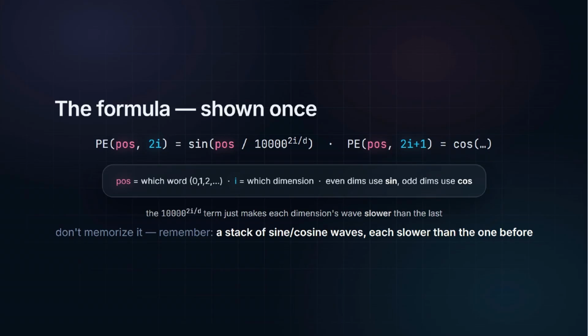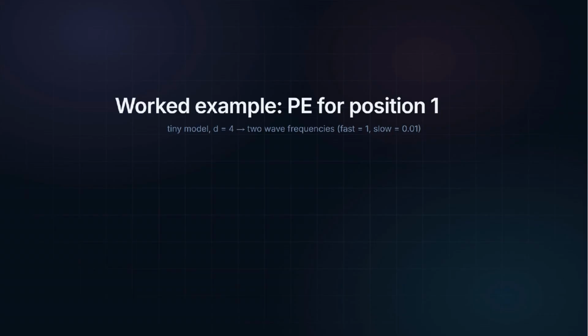Now let's compute a real one. Let's compute a real positional encoding. Take a tiny model with 4 dimensions, so 2 frequencies, a fast wave at rate 1 and a slow wave at rate 1/100. We'll find the stamp for position 1. Dimension 0, the fast sine, sine of 1 times 1, sine of 1, is about 0.84. Dimension 1, the fast cosine, cosine of 1 is about 0.54.